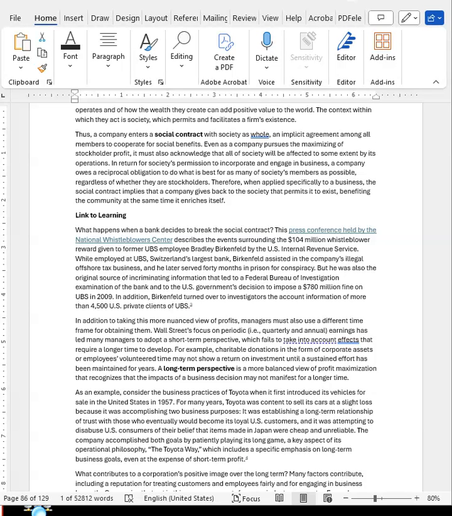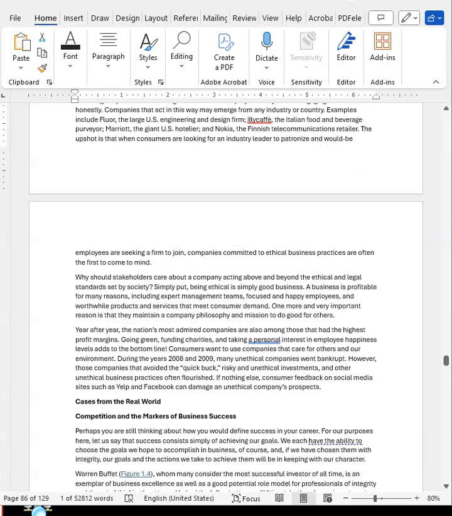4. What contributes to a corporation's positive image over the long term? Many factors contribute, including a reputation for treating customers and employees fairly and for engaging in business honestly. Companies that act in this way may emerge from any industry or country.